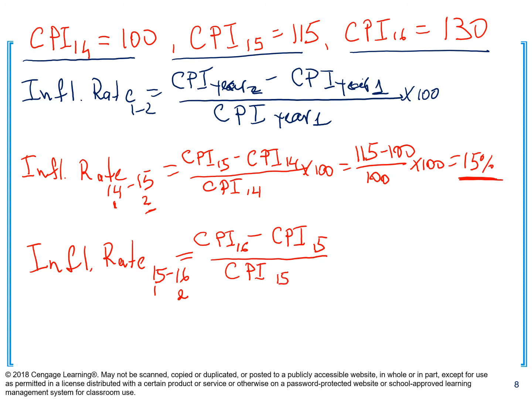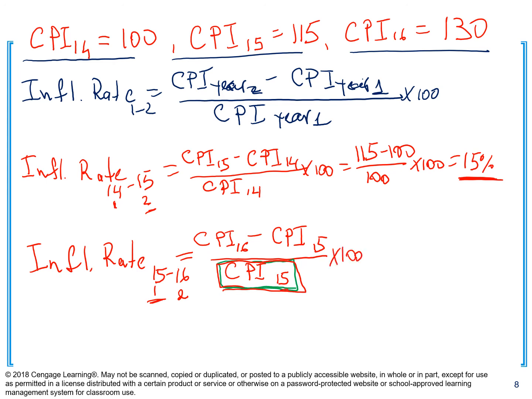Please pay attention over here. It's a very common mistake where students take CPI of the base year. Such a common mistake. I all the time tell them, please pay attention, and they still come to me during the exam and during the quizzes. Oh, I can't get the right answer. Well, because you need to use here the CPI of your year 1, and right now it's year 15.